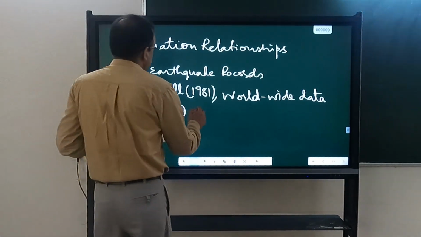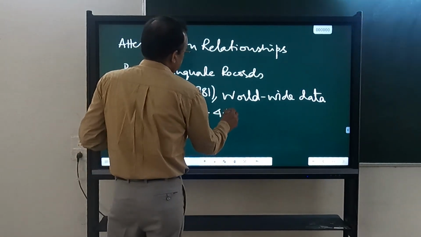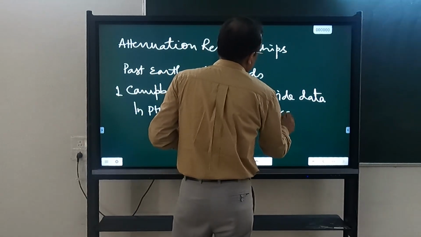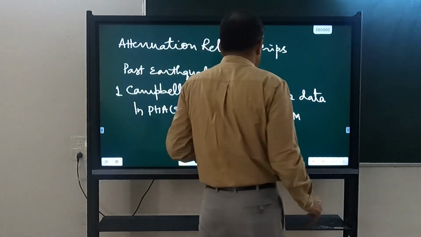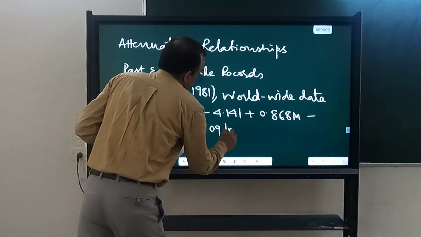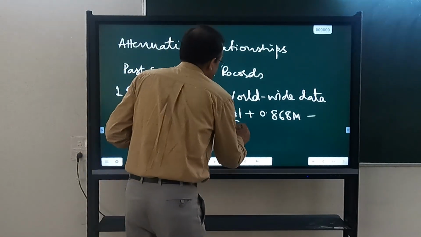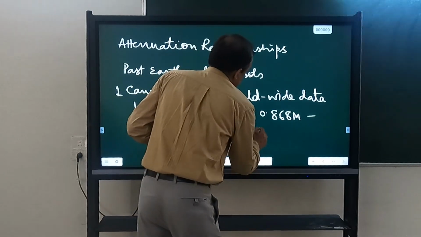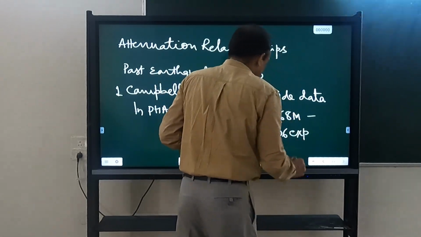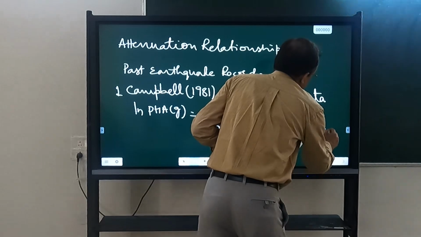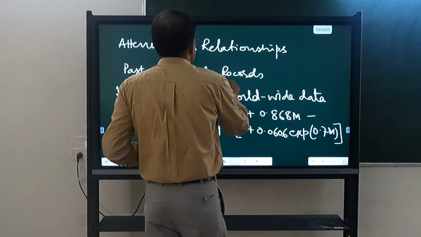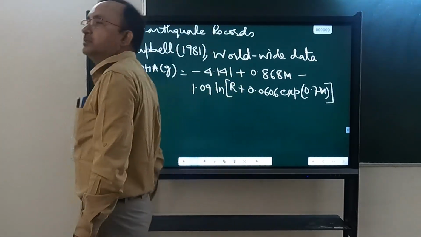And the relationship they got was minus 4.141 plus 0.868 M, minus 1.09 log R plus 0.0606 e to the power 0.7 M. This is one of the simplest relationships.